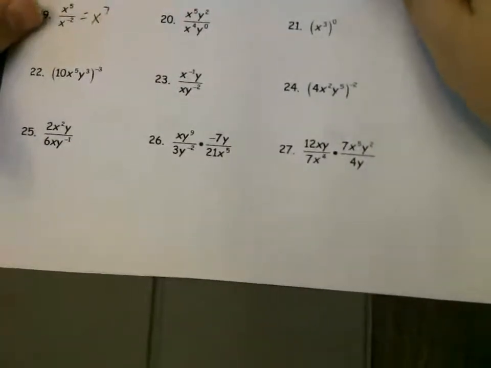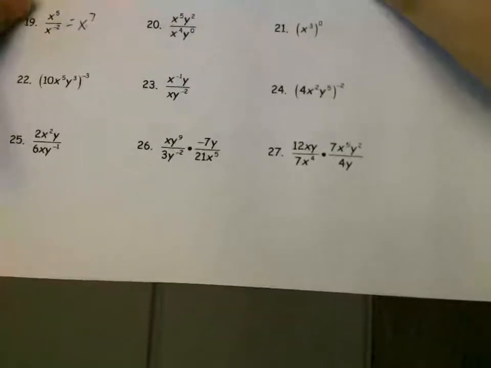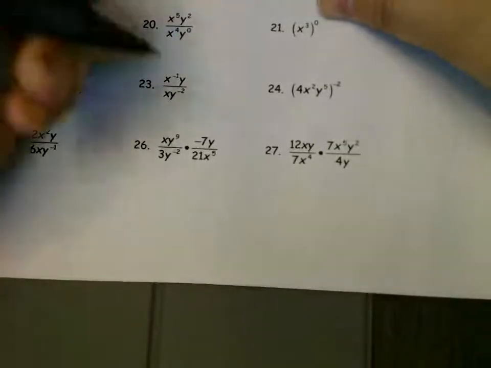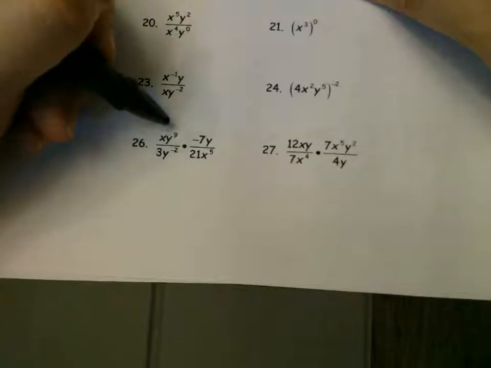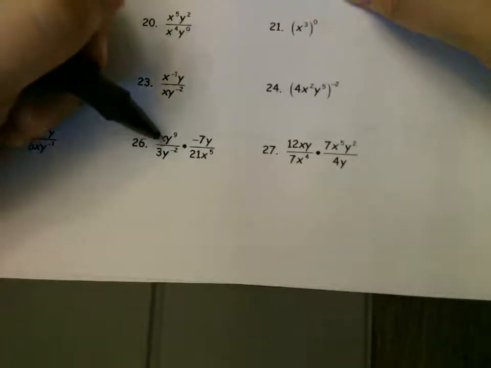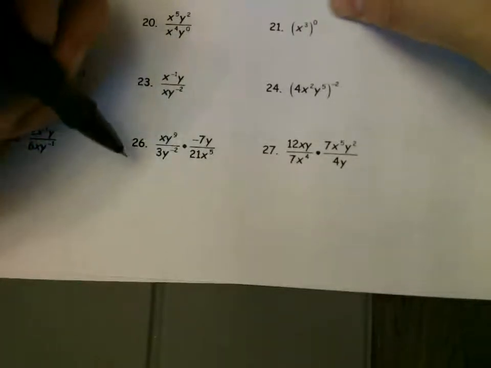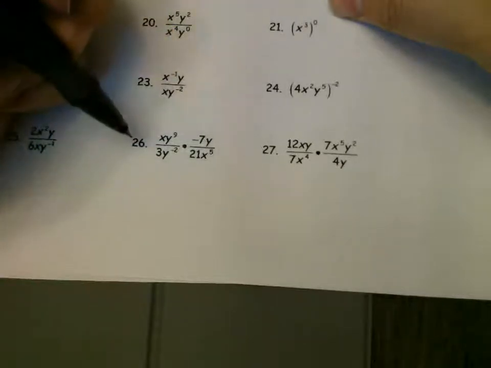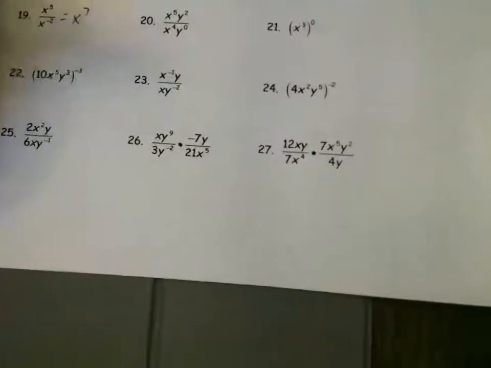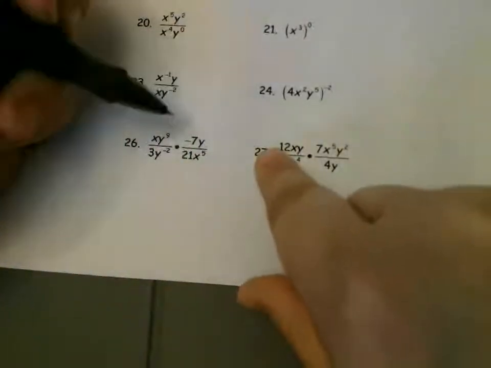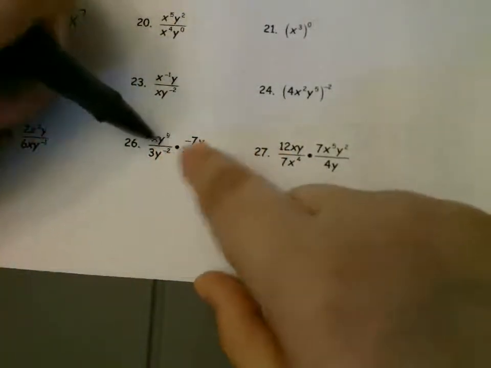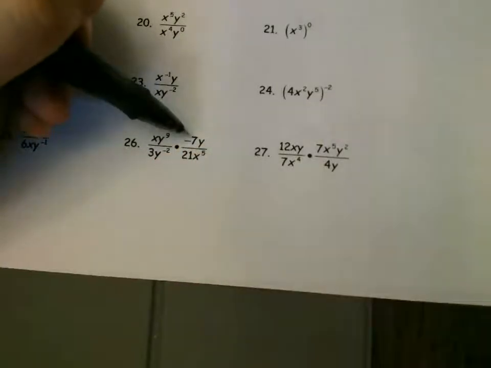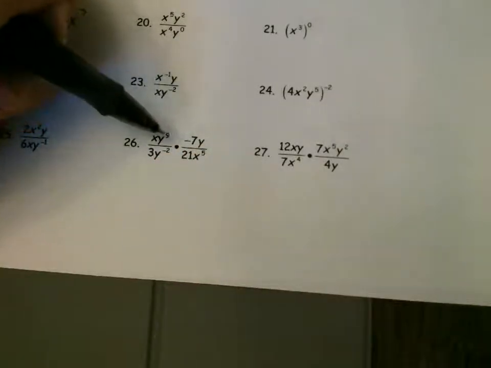panicked. So if I'm looking at number 26, I've got x y to the power of 9 over 3y to the power of negative 2 times negative 7y over 21x to the power of 5. So I'm going to go all the way across. Because this is multiplying, we're doing the product of powers.